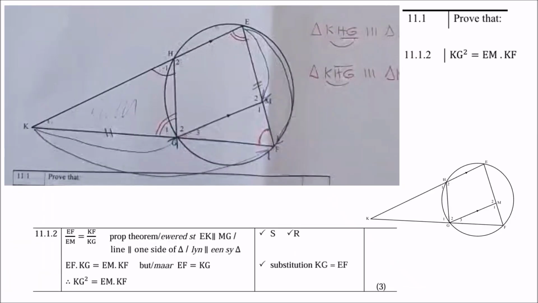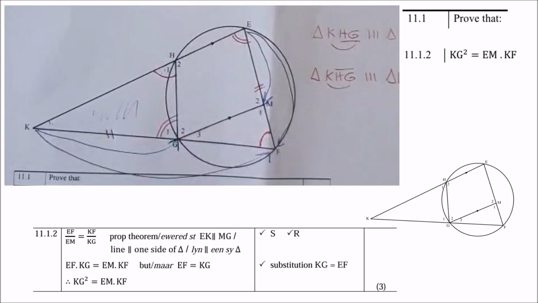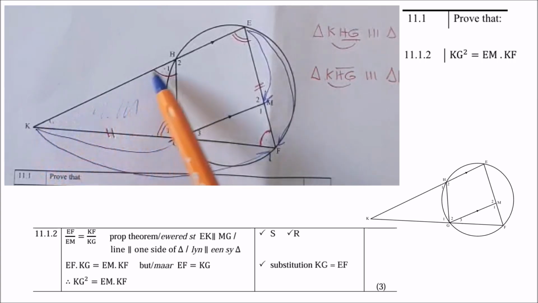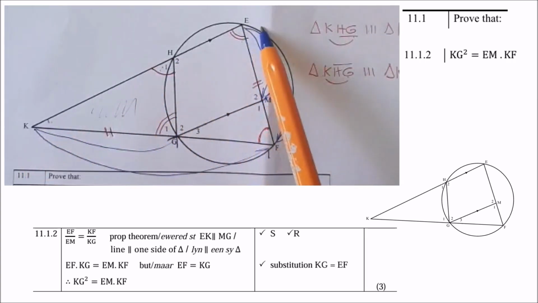Right, question 11.1.2. Now we must prove that KG squared is equal to EM times KF. Again, it can be a bit difficult, but the easy way is to look where you see KG, where you see EM, where you see KF. And also don't forget that KG and EF are equal. Now, you remember given was that line KE and this line GM are parallel.